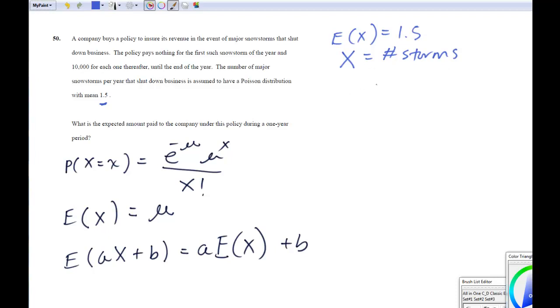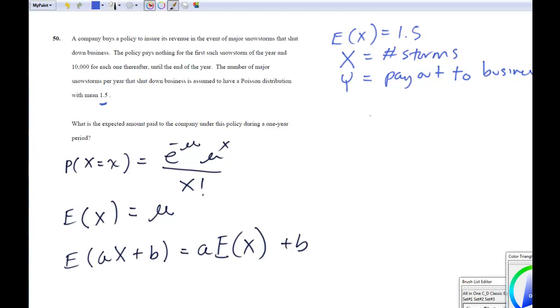And then I'm going to let y equal the payout that the insurance company makes to the business.